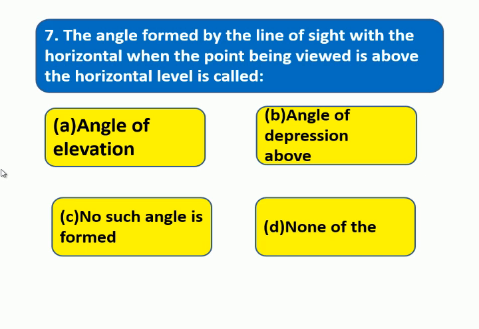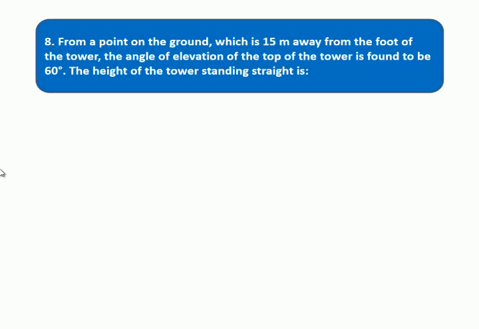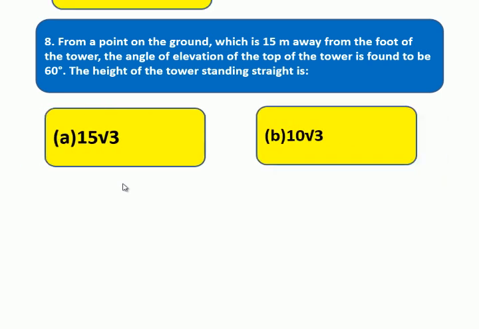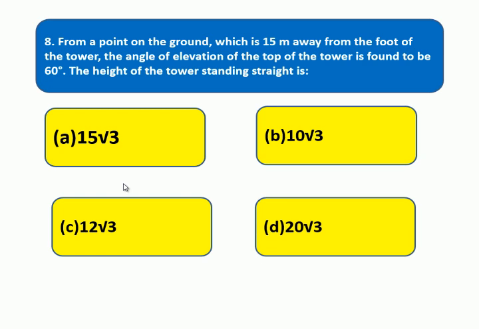Now move to question number 8. From a point on the ground which is 50 meters away from the foot of a tower, the angle of elevation of the top of the tower is found to be 60 degrees. The height of the tower standing straight is: the options are 15 by root 3, 10 by root 3, 12 by root 3, 20 by root 3.